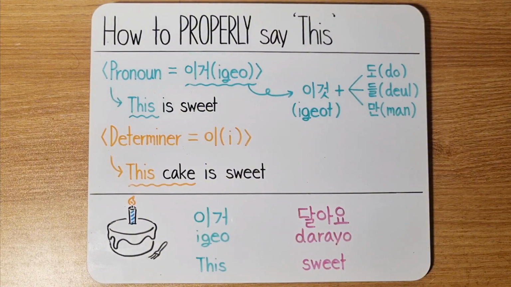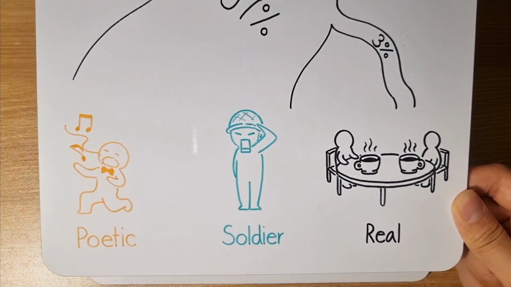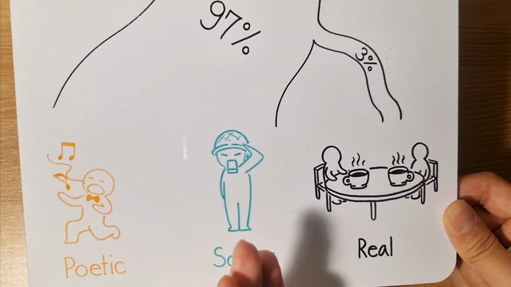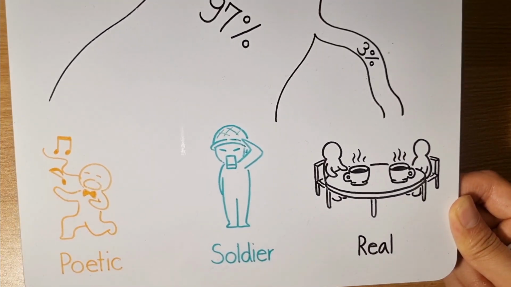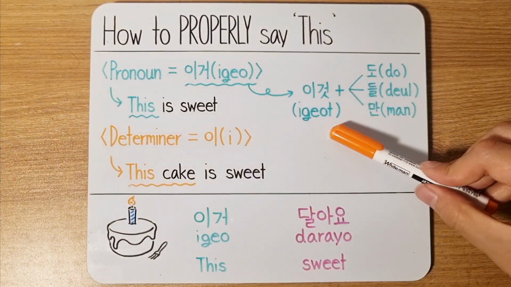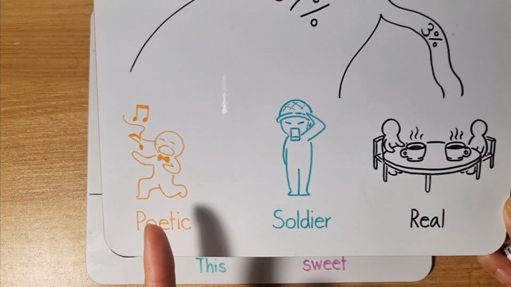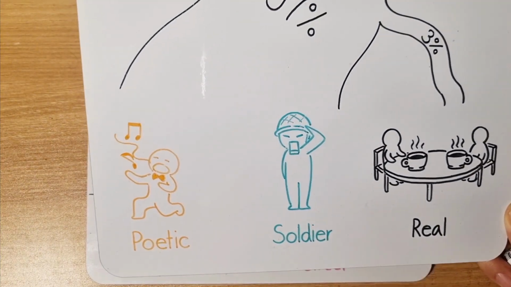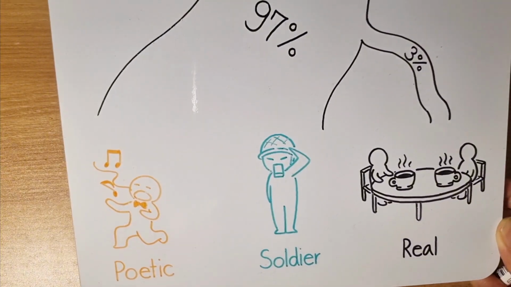Because there are in large three types of Korean: poetic Korean, soldier Korean, and real, natural, colloquial Korean. So, if you use this version, you will likely sound extremely poetic or like a soldier saying, "Sir, yes, sir," all the time.